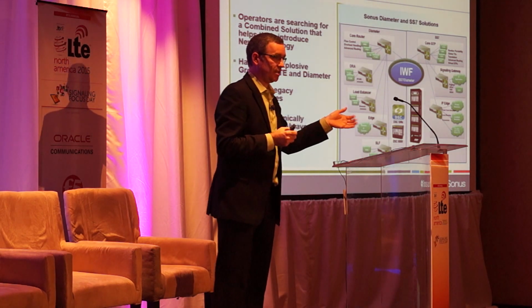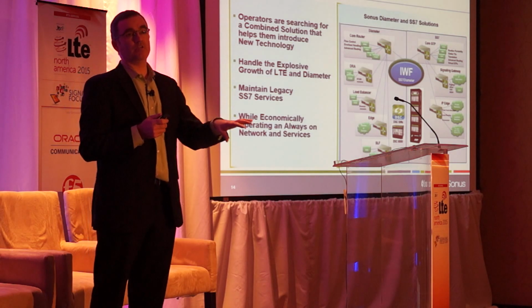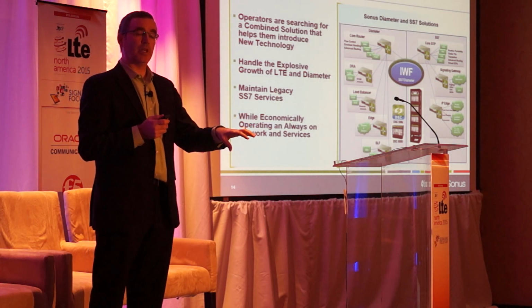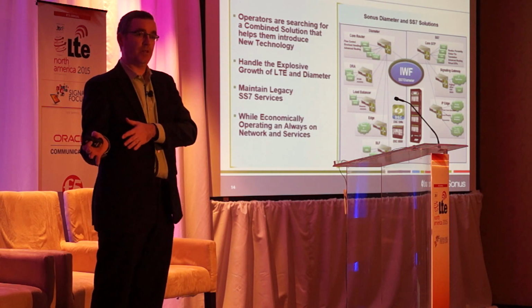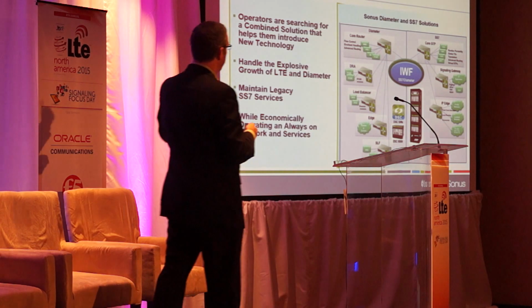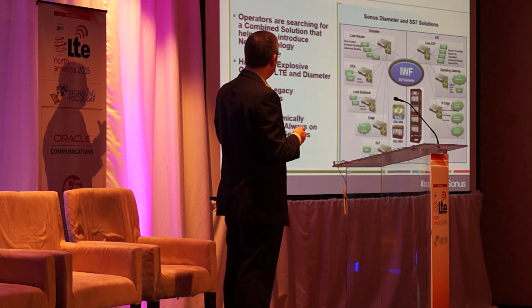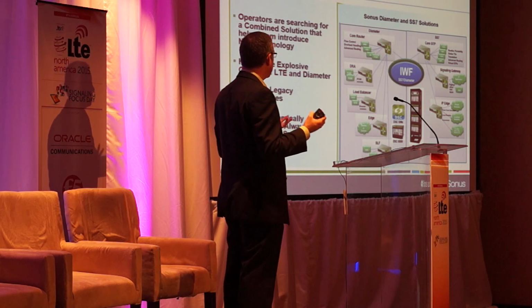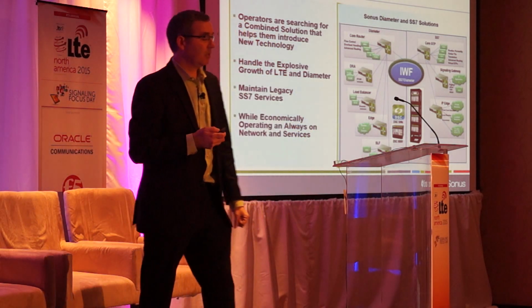Remember, the SS7 network is going to stick around for a long period of time, and you want to be able to potentially reuse some of these capabilities as that network traffic slowly moves from the legacy network over to the LTE network. So you need a solution like we have out here to the right. Handle the explosive growth, maintain the legacy services, and always be economical, while providing the always-on services.